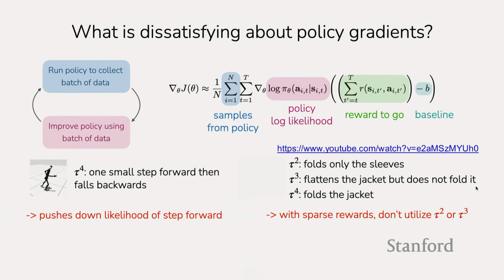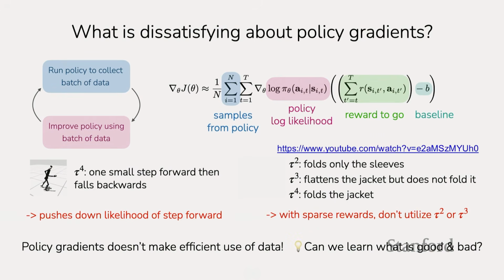And similar to this case, if we instead understood that these actions are advantageous for making progress on the task, then we might be able to figure out how to use these trajectories in a positive way. To summarize, policy gradients don't always make an efficient use of data that we've collected. And if we can figure out what actions are advantageous versus not advantageous, we might be able to make better use of that data.